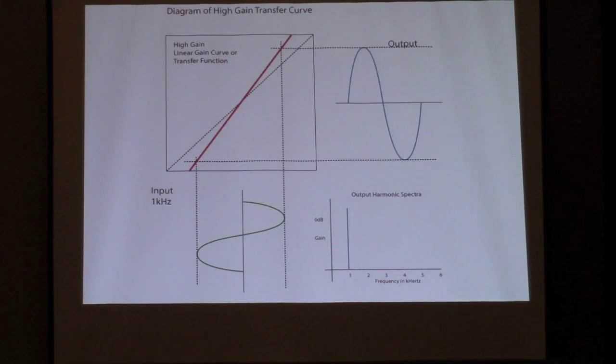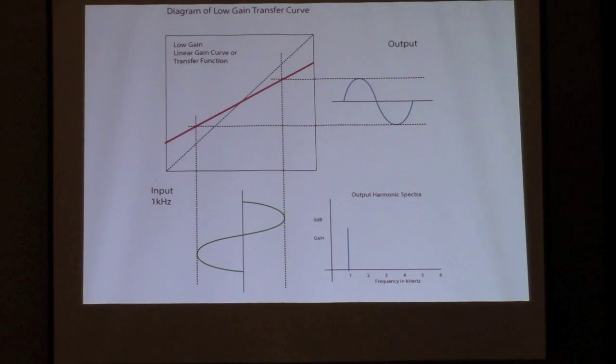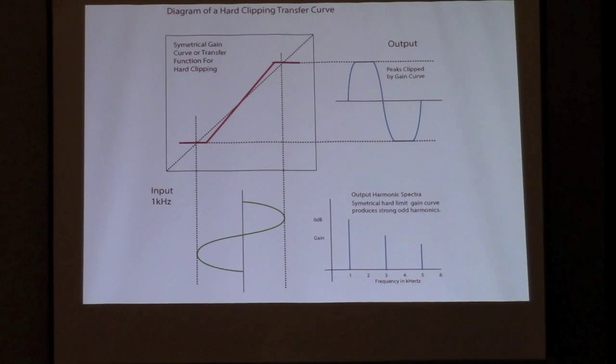So now, if you turn up the volume, all you're really doing is making this line change, and you can see that the output is bigger than the input before, but you still only have the one harmonic. Likewise, you can change the gain curve of this transfer function and get an output that's smaller. But you can also change the shape of this transfer curve. And in this case, what I did is essentially the shape of an amplifier, and that's the power supply limit.